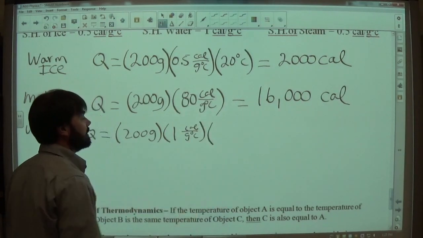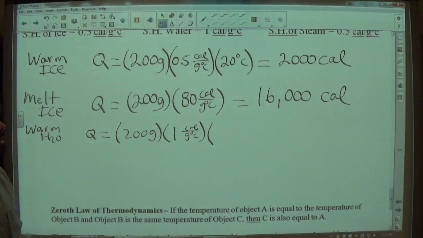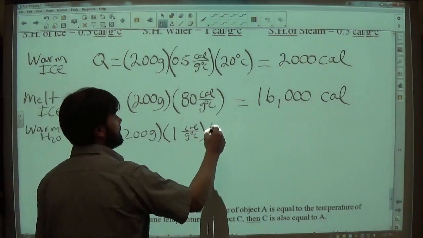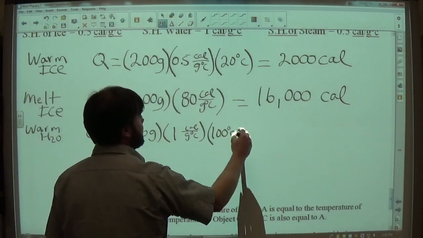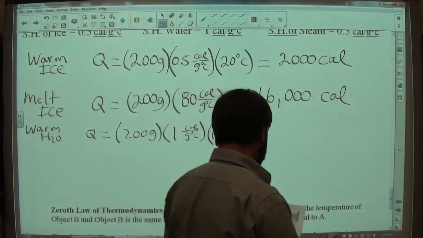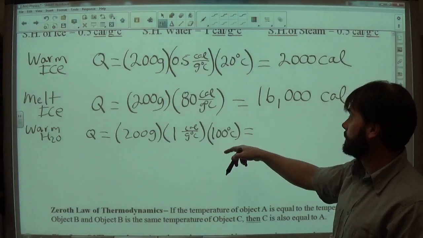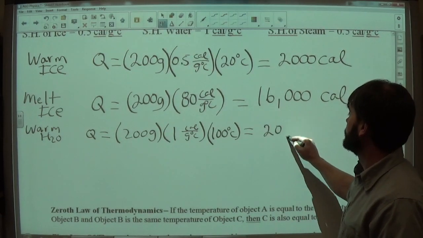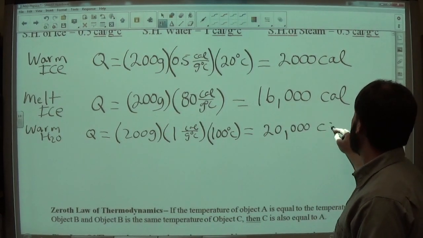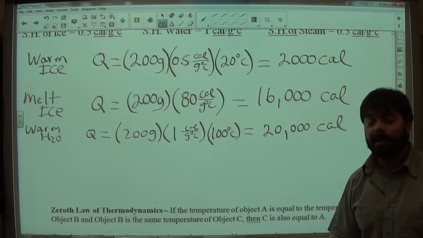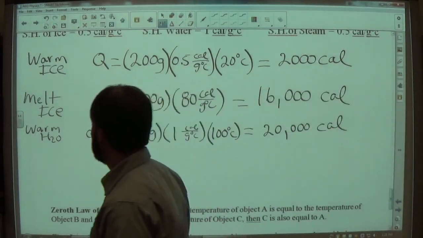And then we're going to increase that from 0 all the way up to 100 degrees, so we add 100 degrees Celsius. If we multiply this whole thing out, 200 times 1 times 100 gives me 20,000 calories. So now I have water at 100 degrees and it's ready to boil.